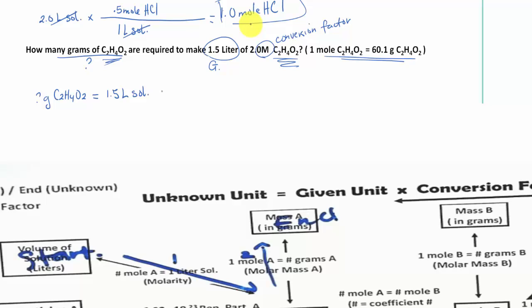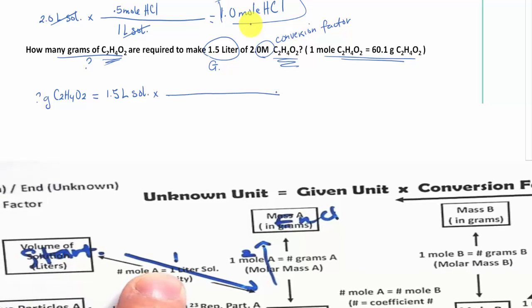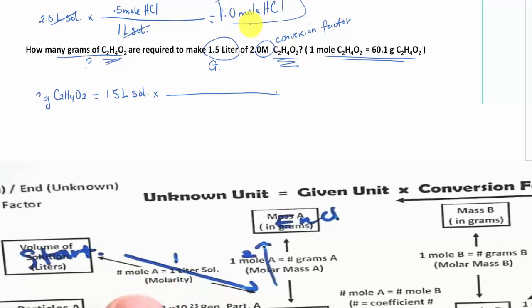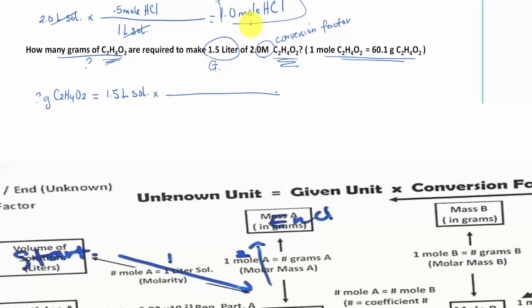Times the first conversion factor, which in this case is that one right there. So we have number of mole A equal to 1 liter of solution. Let me copy it down for you. Number of mole A, which we know is C2H4O2, equal to 1 liter of solution. Now, do we know that number? Well, of course, right there.